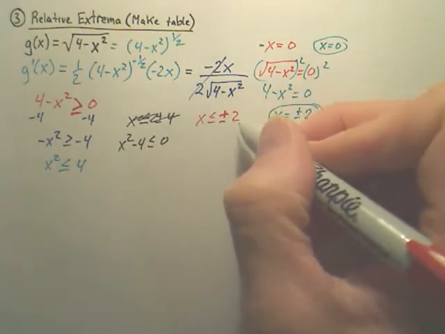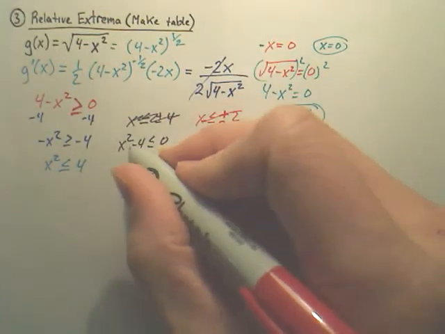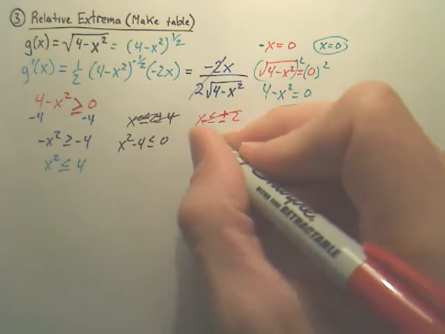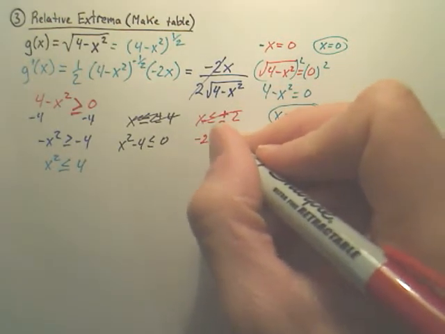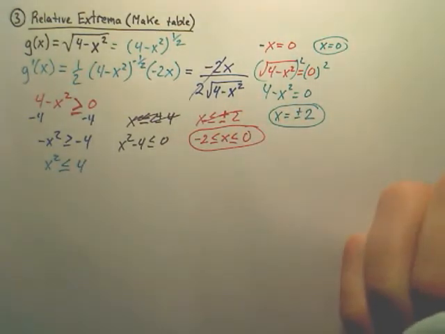Because this right here is saying something different. When you look at this, when would this be less than 0? Your answers would have to be on this interval. Are you okay with that?